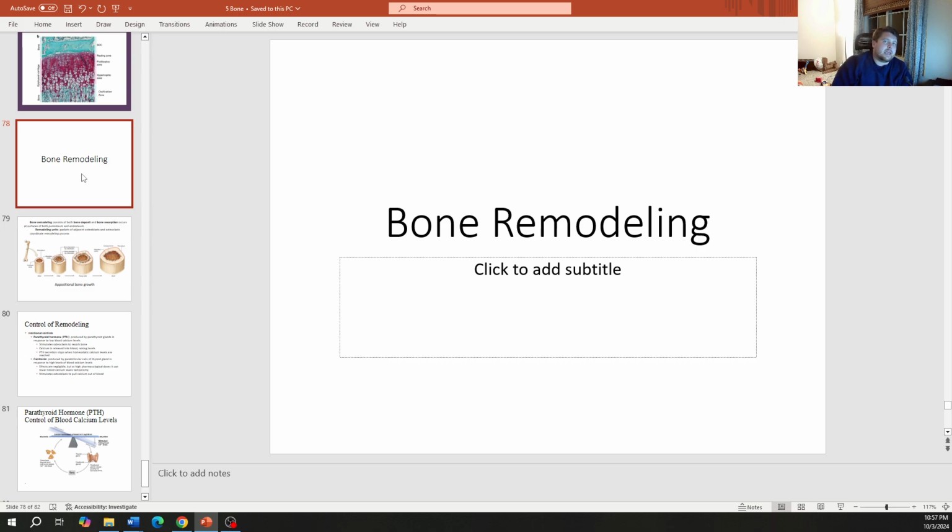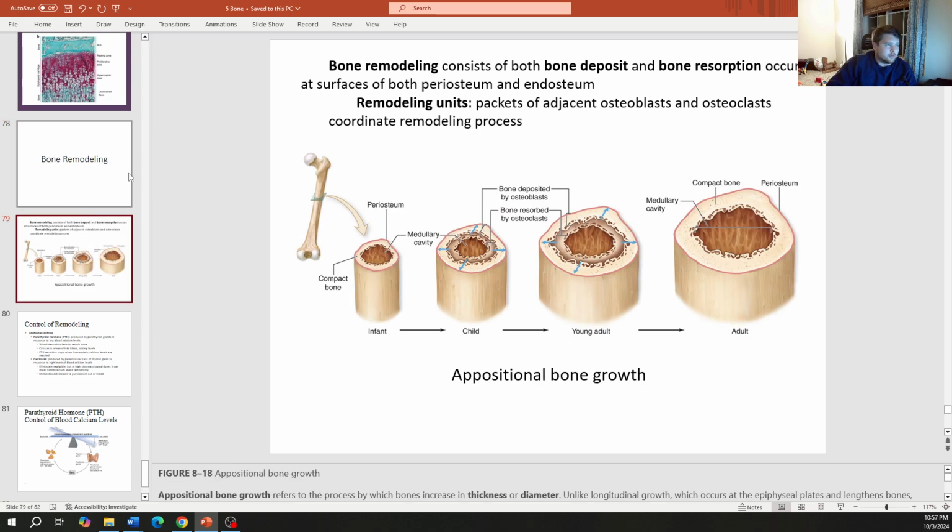Anything that puts high impact on the bones, we started to introduce new directional forces into our bones. Those bones are then going to need to remodel, restructure in order to better handle the forces that are being presented to them. So it consists of both bone deposit and bone resorption.